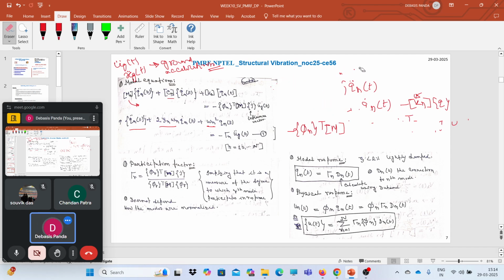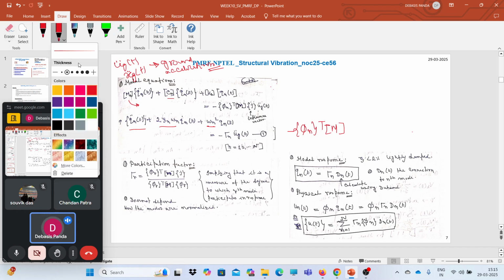This simplification leads to a very important parameter which we call the participation factor, which tells us the influence of the mode on the final response, or the degree to which the nth or rth mode participates in the total response.